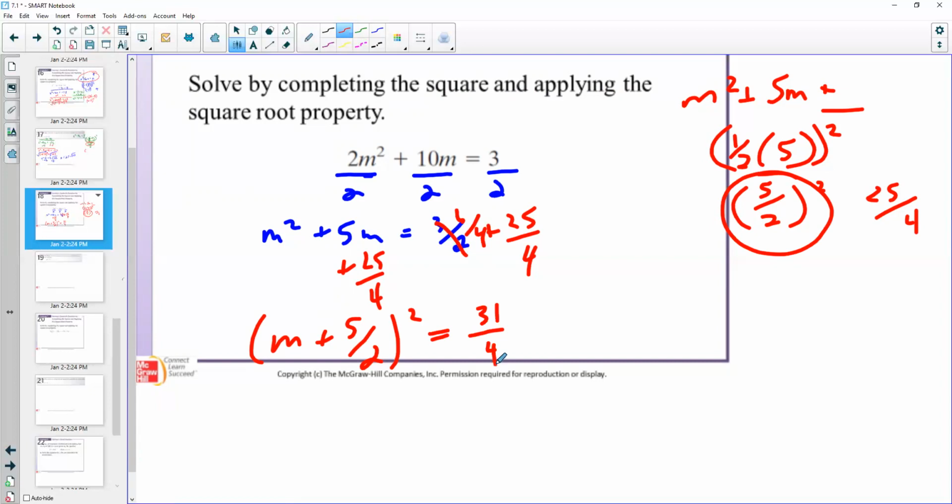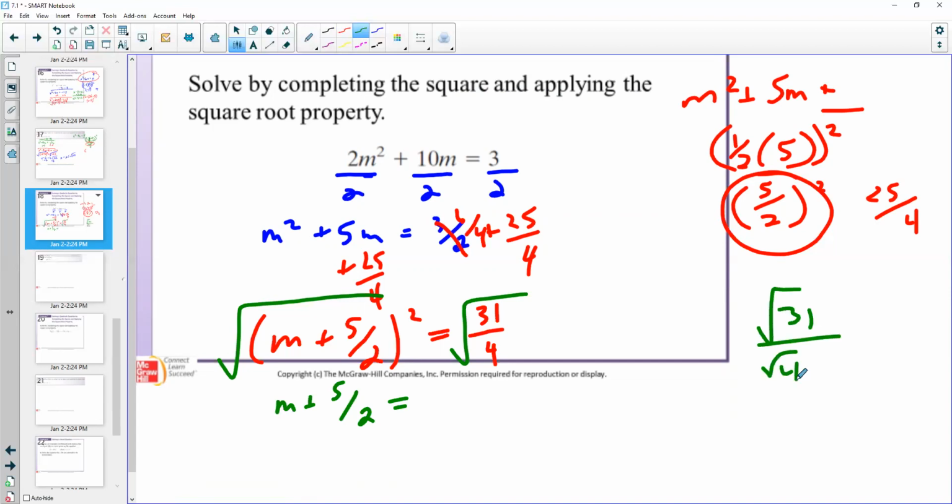Okay, now I have the ability to use the square root property. So on the left, I get m plus 5 over 2. On the right, well, let's see, square root of 31 over square root of 4 gets me square root of 31 over 2. So I get plus or minus square root of 31 over 2.